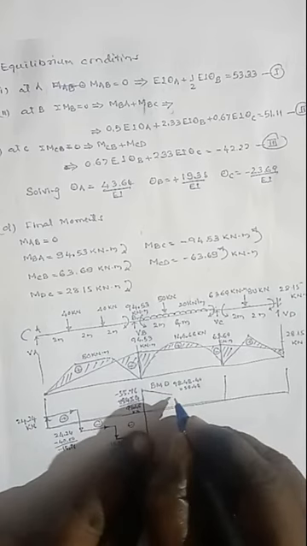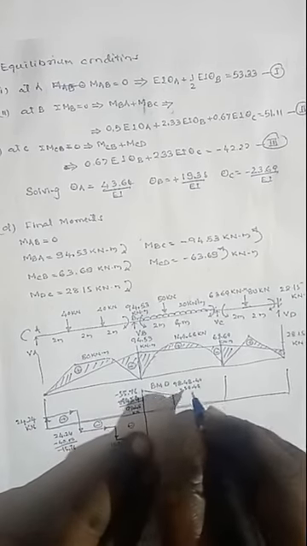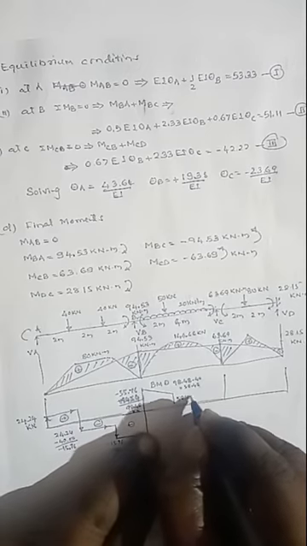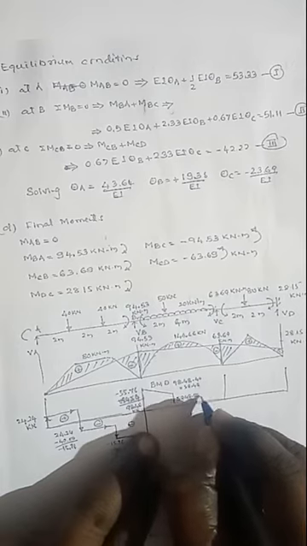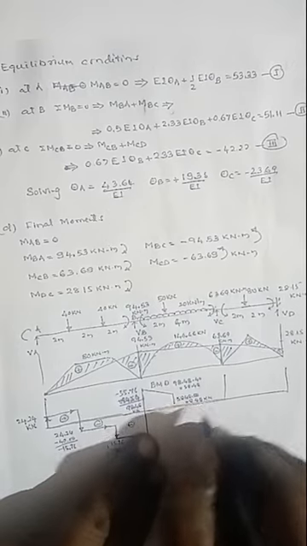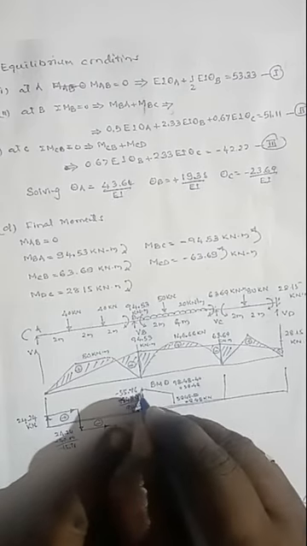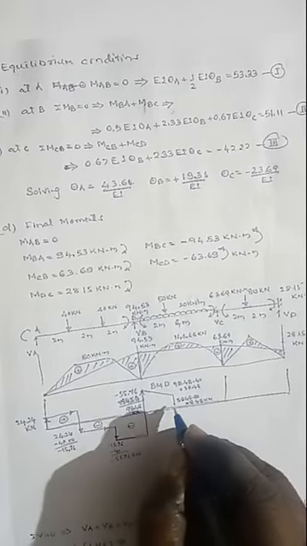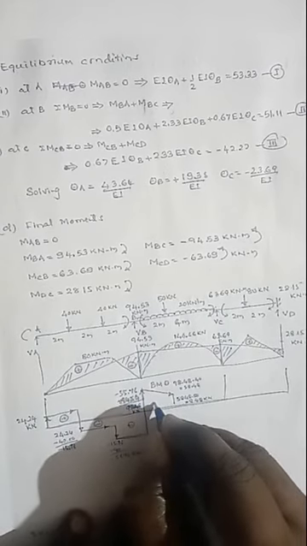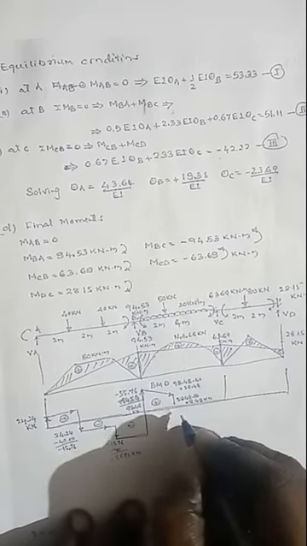Here there is a point load, minus 50, so 58.48 minus 50 is 8.48 kilonewton. Because of this point load the shear force changes like this, and this one is positive shear force.